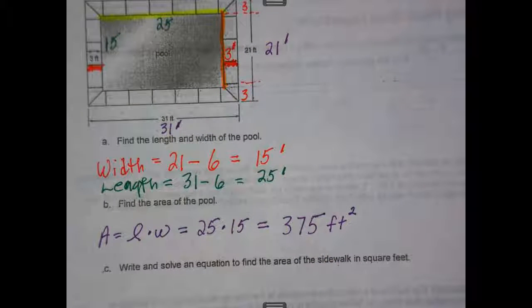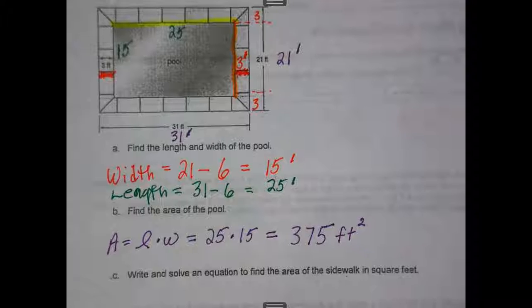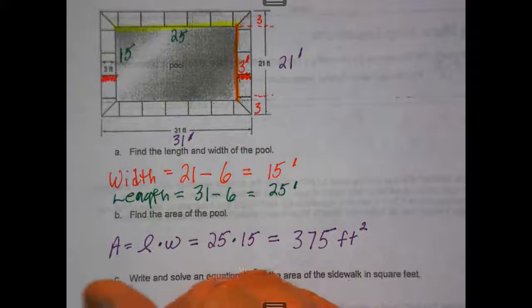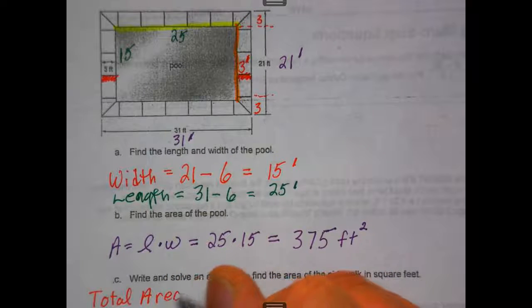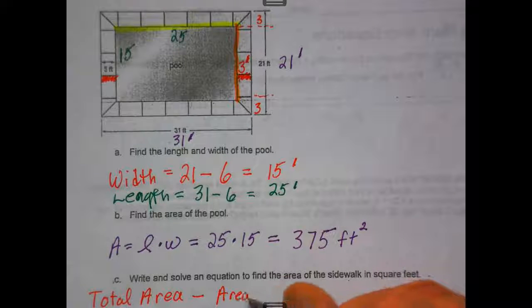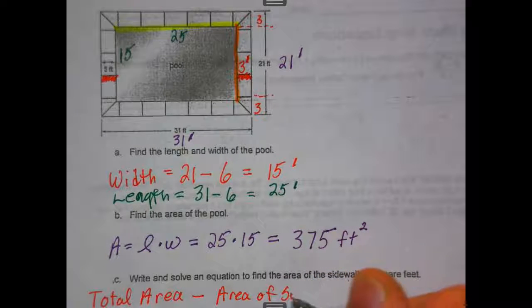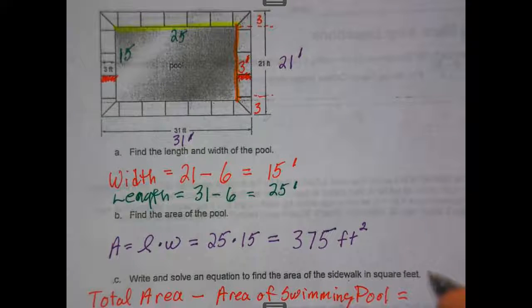And then C, write and solve an equation to find the area of the sidewalk in square feet. Here's our plan of action. We're going to take the total area and minus the area of the swimming pool, and that's going to give us the area of the sidewalk.